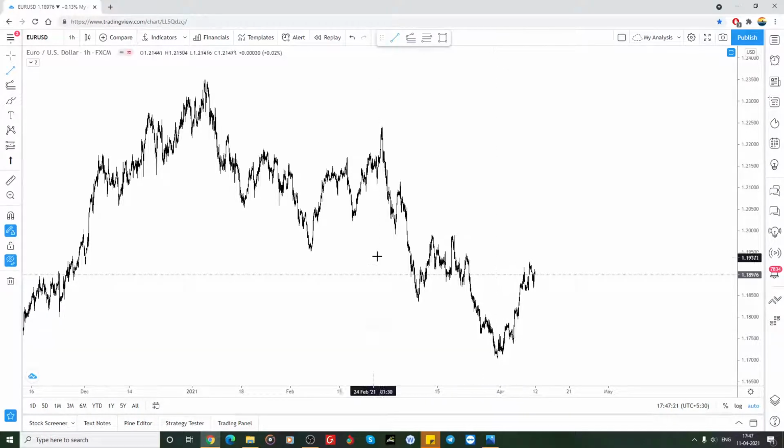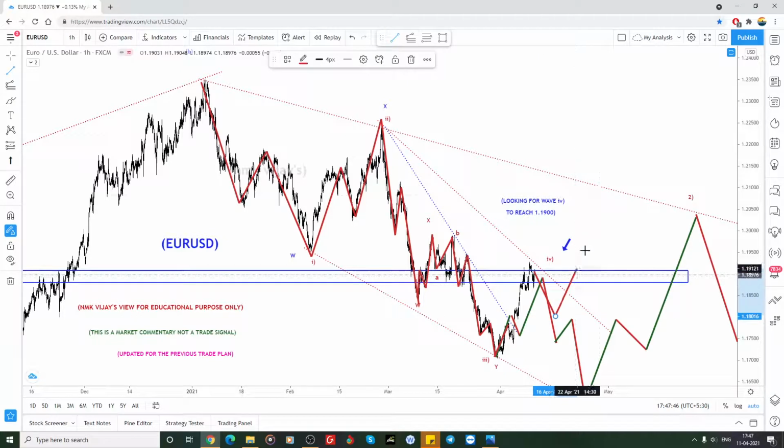So what I expected here is... sorry, I can't pass this because I'm not so flexible with the pass. So sorry for that. And here if it is a 1, 2, 3, 4, 5, I'm expecting a little bit of a deeper correction like this.